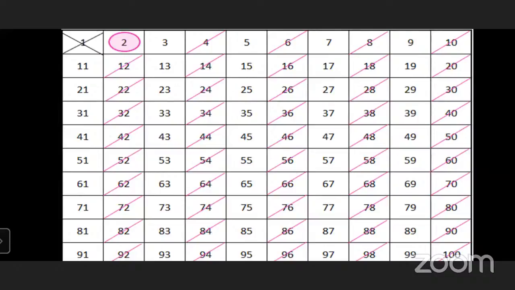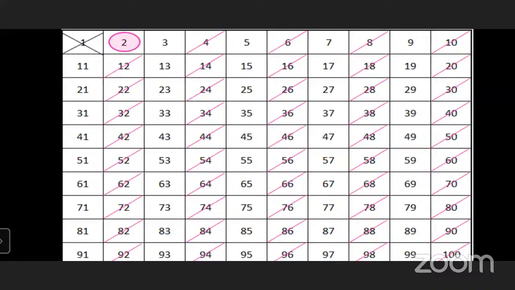The cross line is drawn on every composite number. For example, 4. 3, 5, 7 are prime, and 9 is not. 11, all these are prime numbers. 3, 5, 7, 9, 11, 13, 15, 17, 19. 15 is not a prime number.